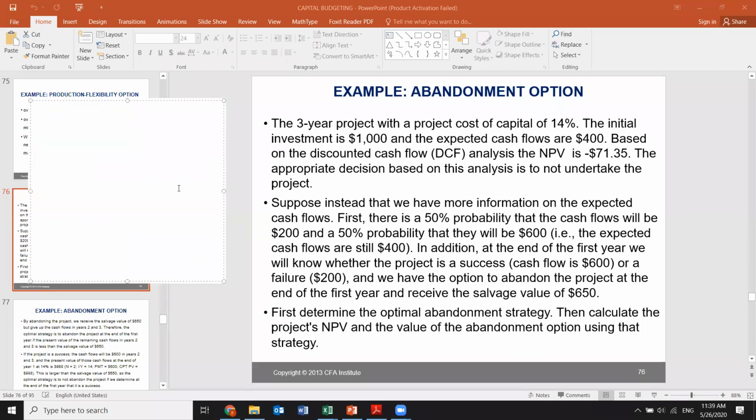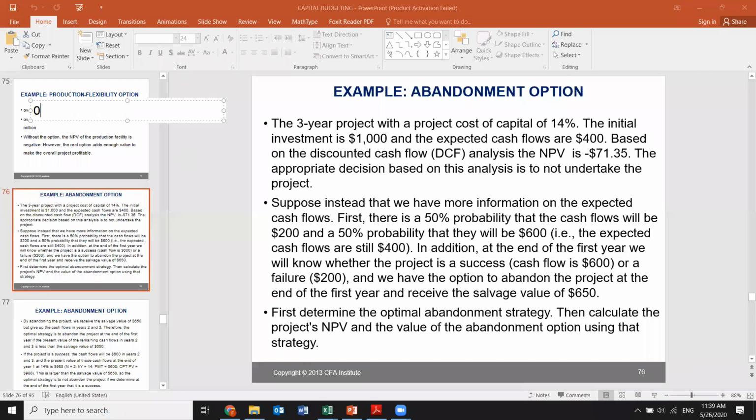If you put everything numerically, it would be in the following way. We have investment costs in year 0, which is minus 1,000. And in year 1, our cash flow is 400. So cash flow is what we receive. And at the end, if you calculate the NPV for this project, you would get minus $71.35. This is what it says, okay?